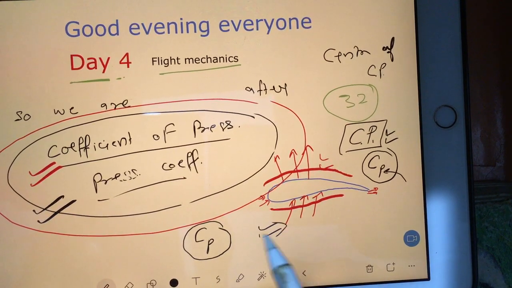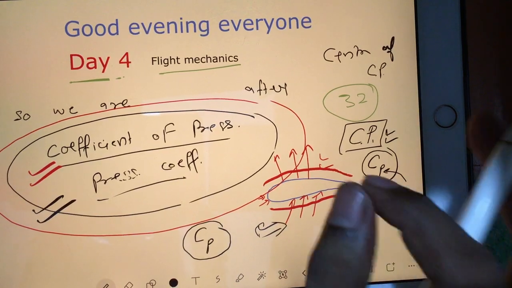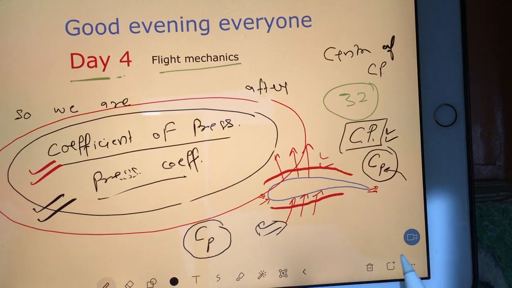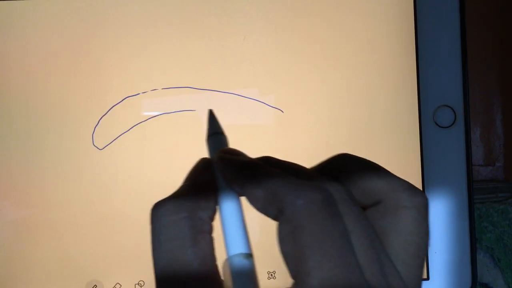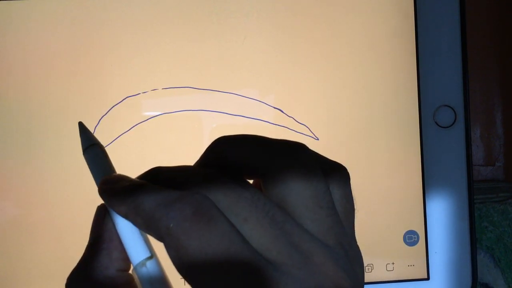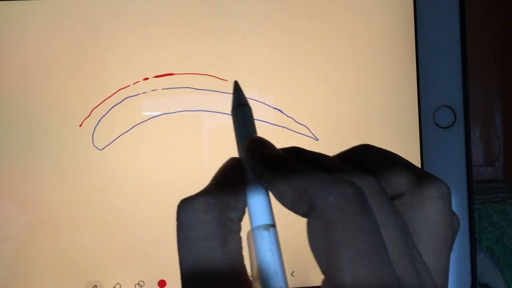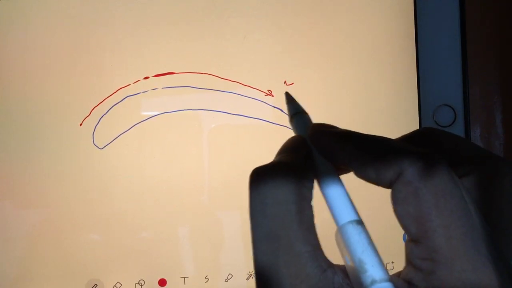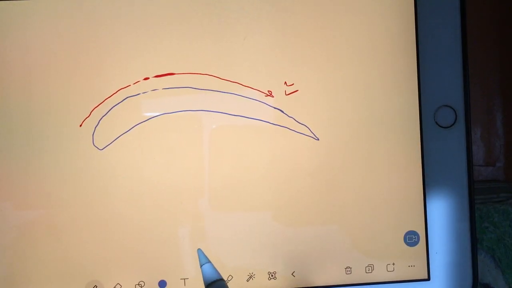Before starting this topic, you should recall one very important fundamental. I will change the page. If you have any airfoil, suppose your airfoil looks like this, then on the upper surface your air will accelerate. Already I have explained why.